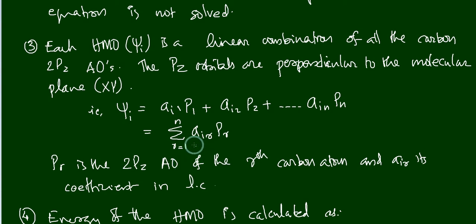Okay, so if you have 6 carbon atoms in the conjugation, then you take the pz atomic orbitals of all the 6 carbon atoms, and take the linear combination of them and make a particular Hückel molecular orbital. Okay, that's the third assumption.